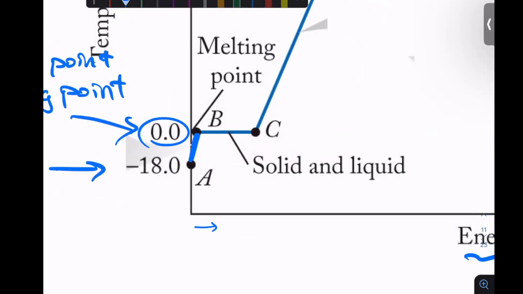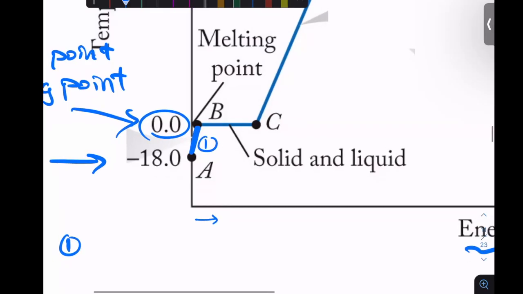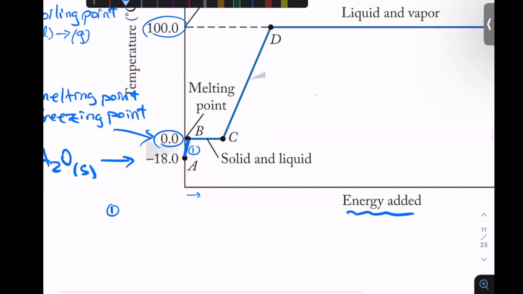Let's call this region 1 of our curve. Region 1, we're going from minus 18 degrees Celsius up to 0 degrees Celsius. And you can see that as you're adding energy, the temperature of the solid H2O is getting higher.